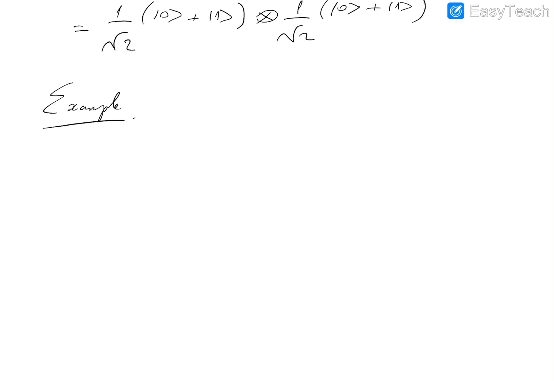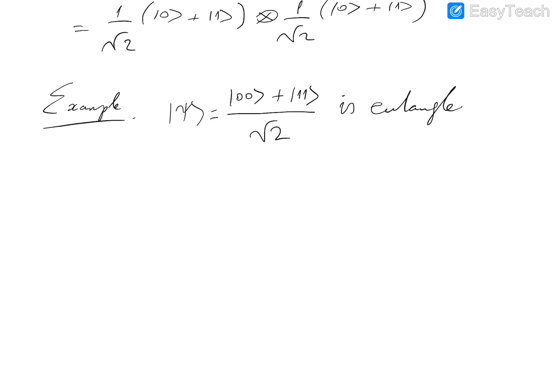Okay, so we claim that psi = (|00> + |11>)/√2 is entangled. Alright, so let's prove this.